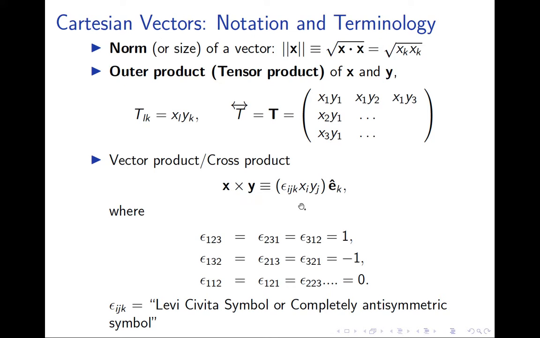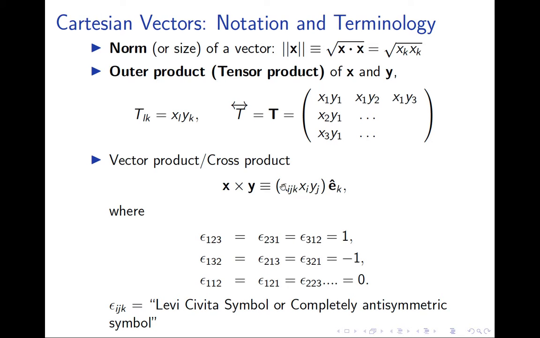So if it's another vector, it can be expanded in a basis. So this is the basis element e_k, and this is the basis expansion coefficient. The expansion coefficient knows that it's a product of x and y, so that's why it's made up of x and y.